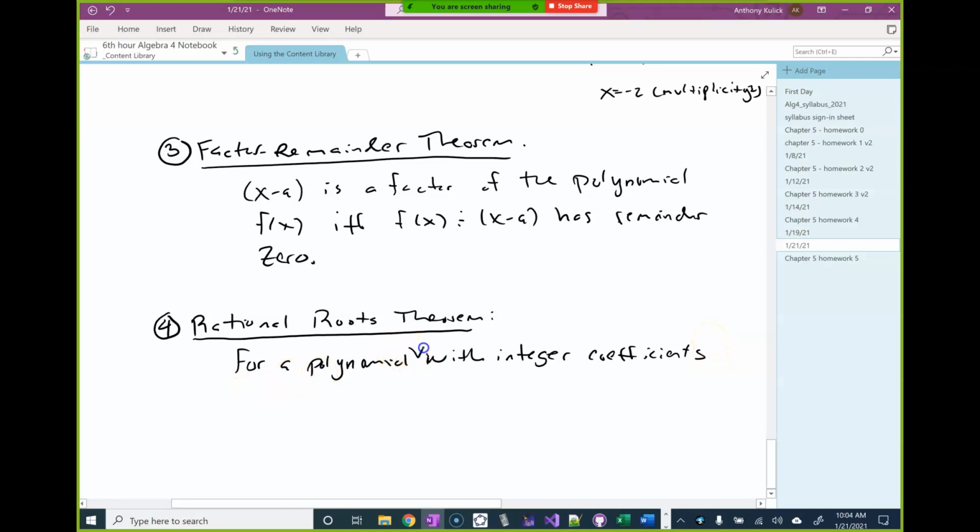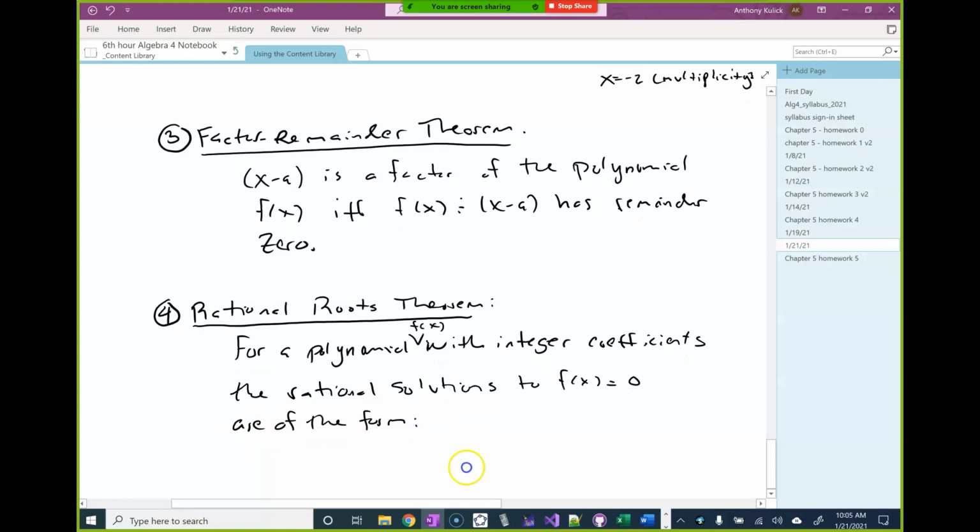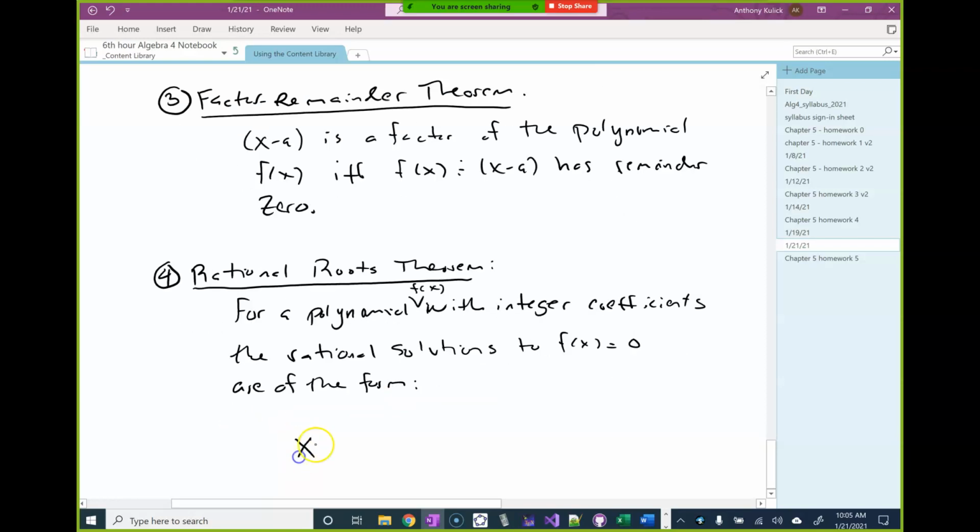So this last one says that for a polynomial f of x with integer coefficients, the rational solutions to the equation f of x equals 0 are of the form x equals plus or minus a factor of the constant term divided by a factor of the leading coefficient.